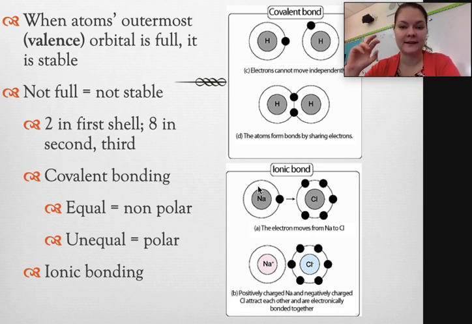The reason is their valence shell has one. So to fill the valence shell, they would either need 7 more, except for hydrogen, but everyone else, 7 more, or they would just need to get rid of 1 electron. By getting rid of 1 electron, you now don't even have that shell, and their valence shell becomes the one just inside of that. That means now that shell is full, it's stable.